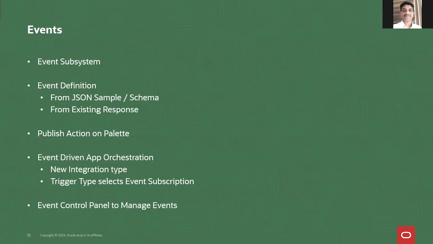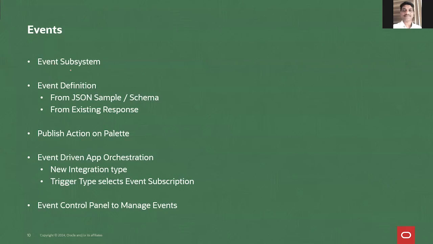Once you are done with the creation of an event, you need to publish the data. So we have added a new action on our palette called publish action. Using the publish action, which is available on our designer palette, you can publish the data to that particular event which you have created.